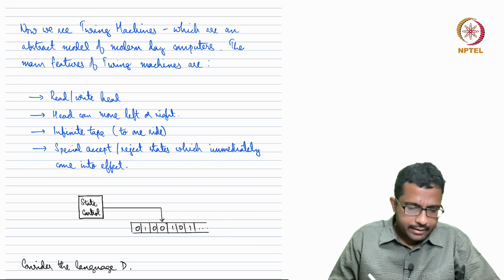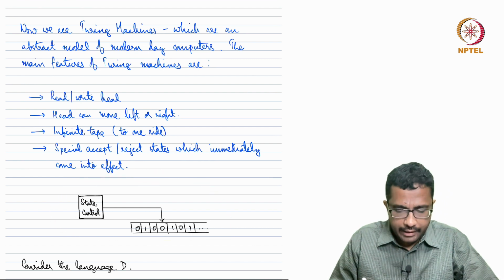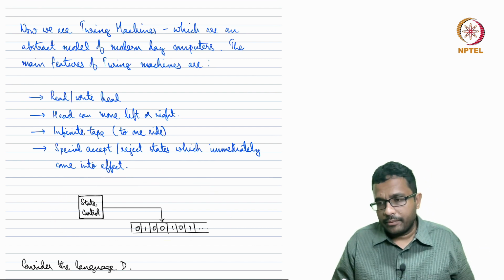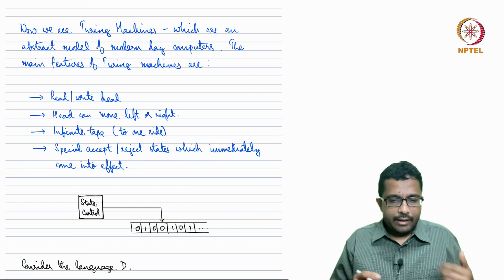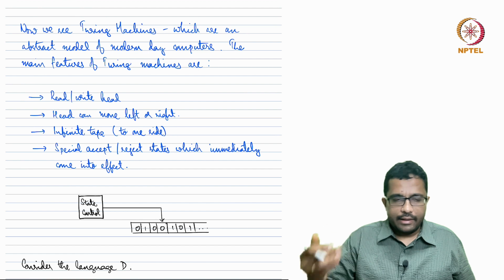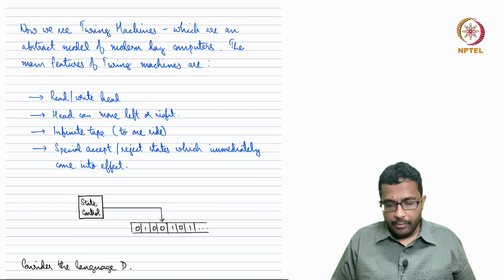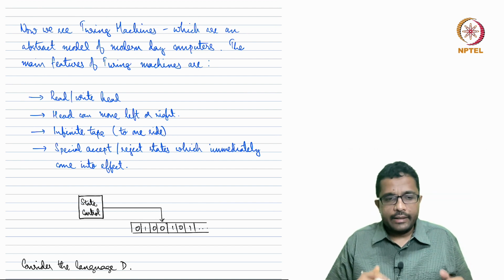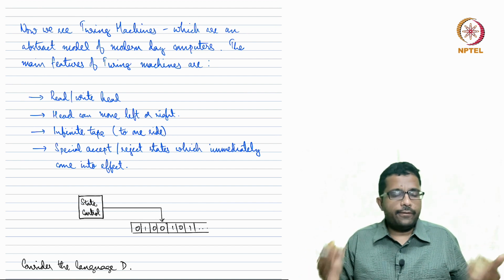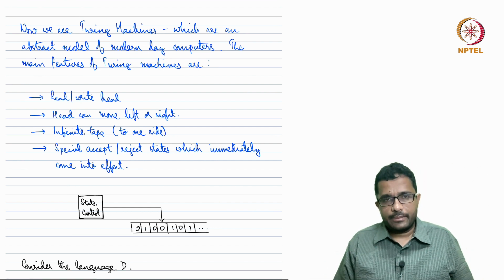Like in many other cases, we have a state control and a tape which contains the input. In DFAs, NFAs, PDAs, the input is just read, one symbol in each step, or sometimes there is an epsilon transition. At the end, if we are at an accepting state, we accept. If we are not, we do not accept.